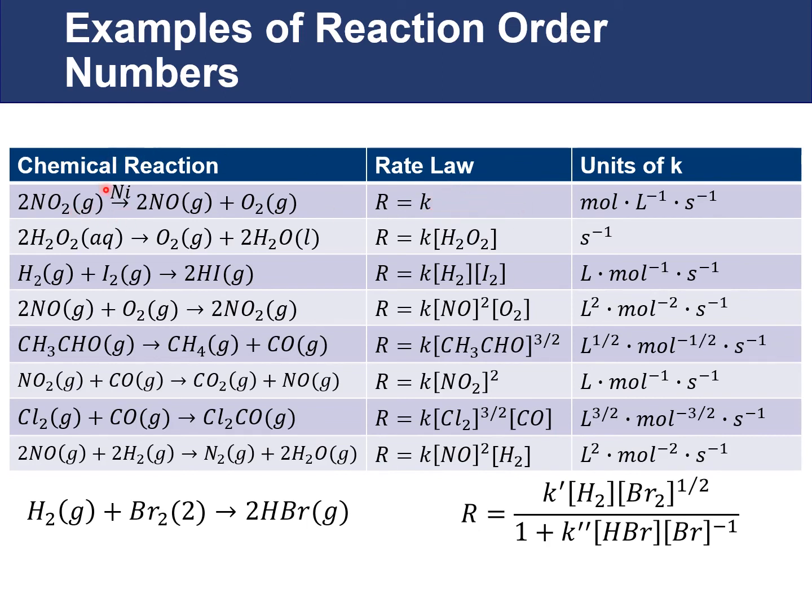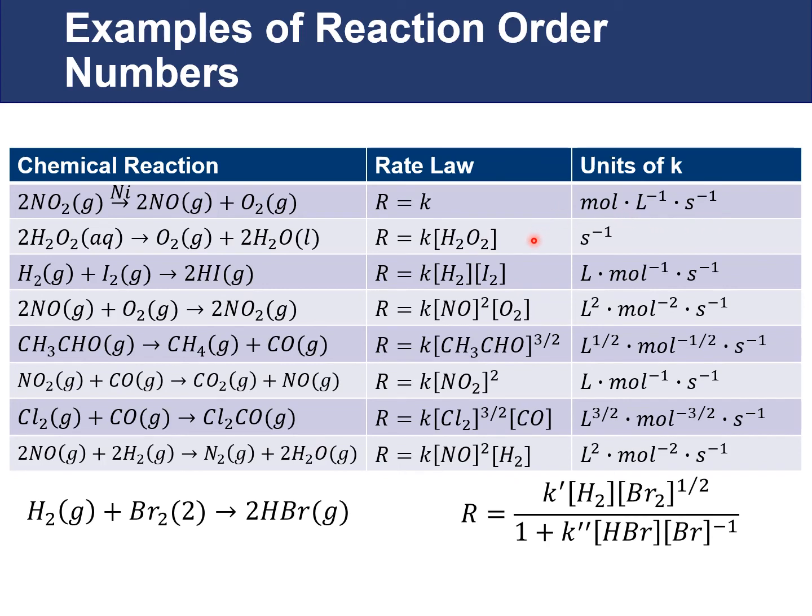For this particular process, the rate is equal to k, the rate constant. Because rate always has units of moles per liter per second, the units on k need to give you the units that you're looking for in your rate. So the units on k will be moles per liter per second.